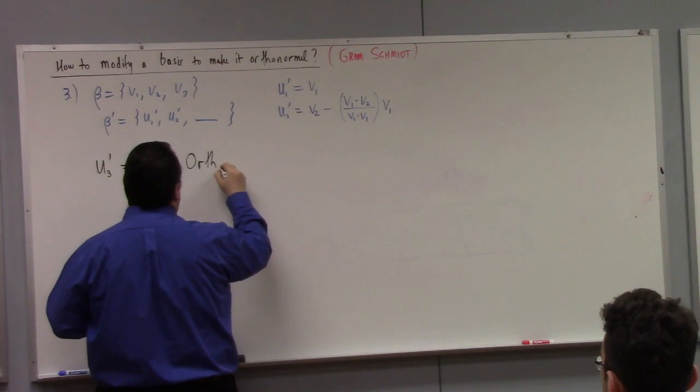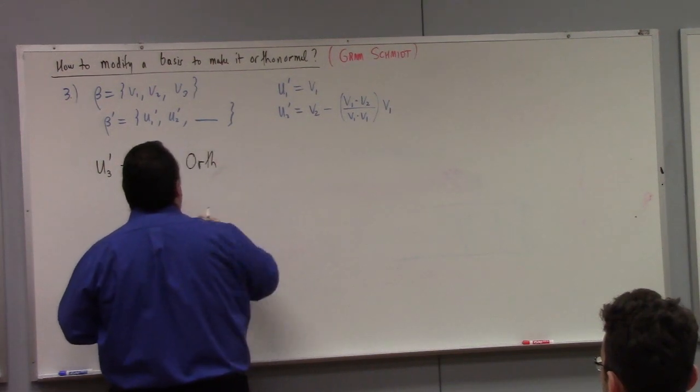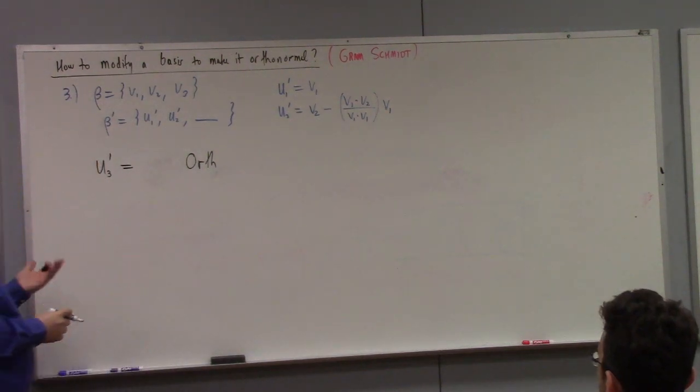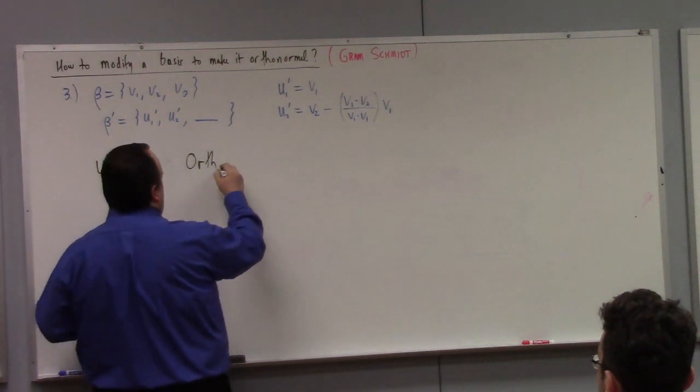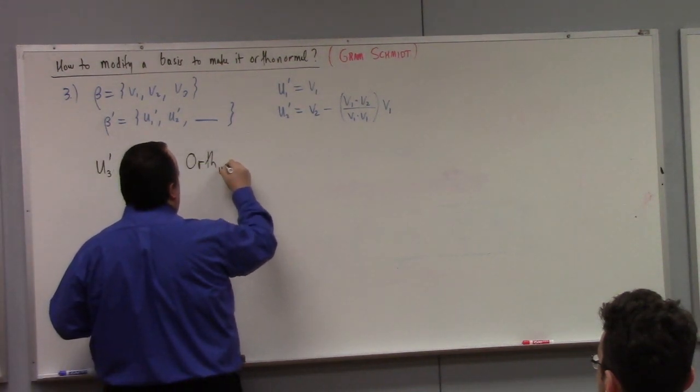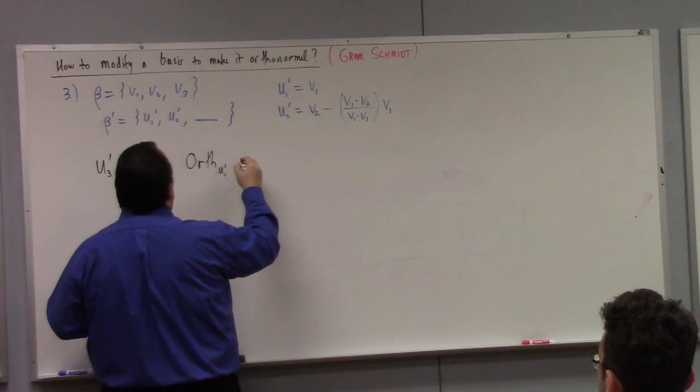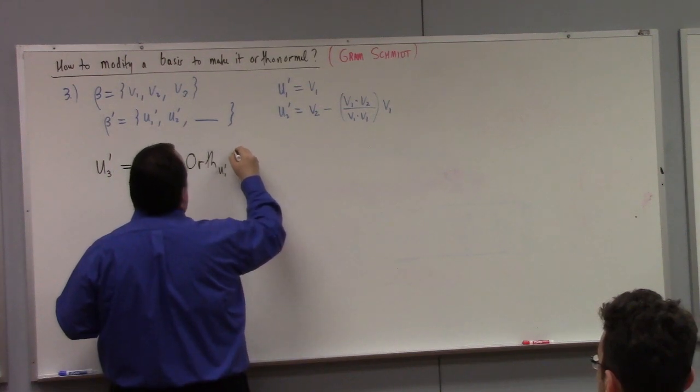To be truthful, we don't really care about v1, v2, and v3. Ultimately, what we want is perpendicularity of the new basis we're creating, right? So we should start thinking in terms of the new basis. So really, first of all, we want to get rid of the part that's in the u1 prime direction.